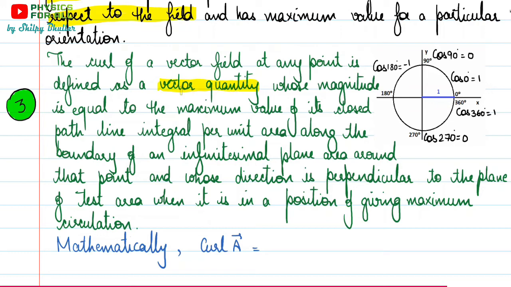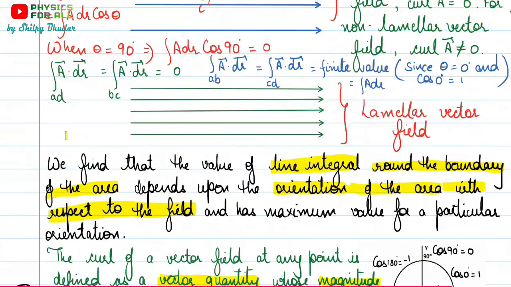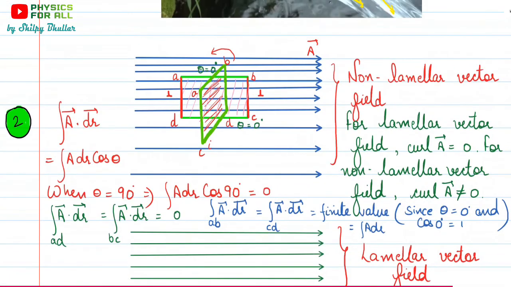So definitely it's a vector quantity whose magnitude is equal to the maximum value of its closed path line integral. Closed path line integral. See, in case of the rectangle, we try to find the line integral of all the sides. So the line integral of all the sides combined would give us the closed path line integral.